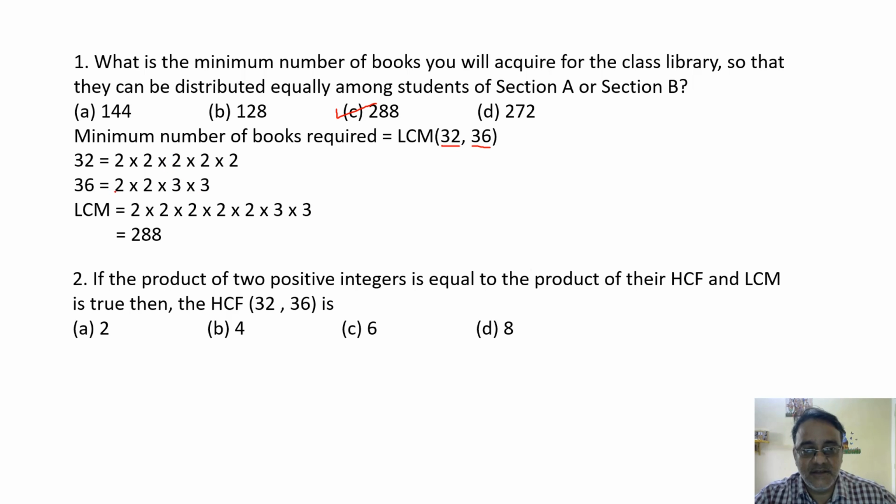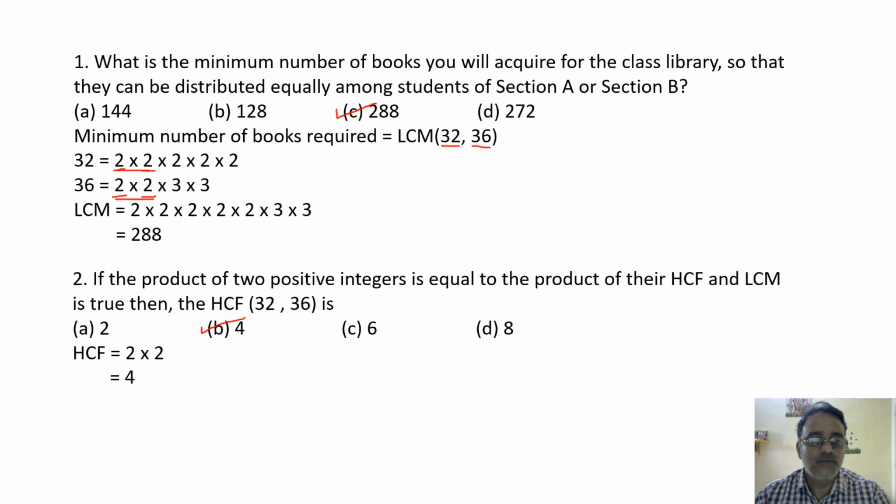And the HCF is the product of all the common factors involved in this. Okay, here I have not written in the form of powers. So one 2 is there and the other is also 2. So these two 2s are common here. Okay, this is the class 6th method. In class 10th we represent in powers, in class 6th without powers. So HCF is 2 into 2, that is 4. Right. And the correct option is B.